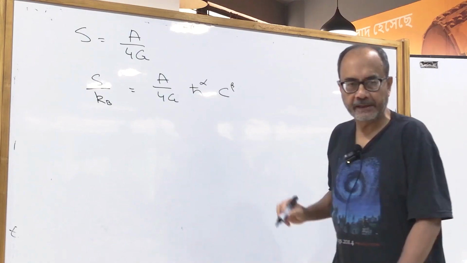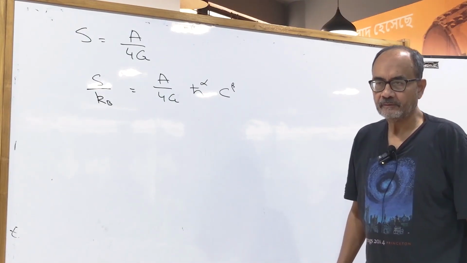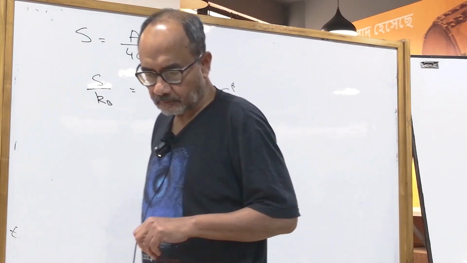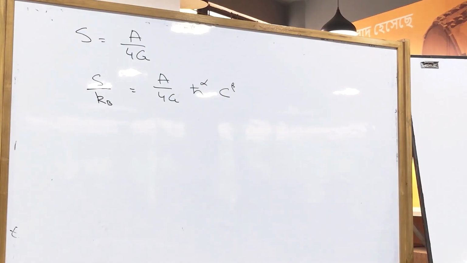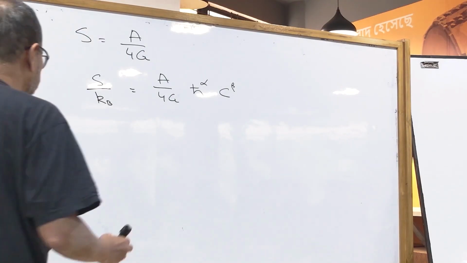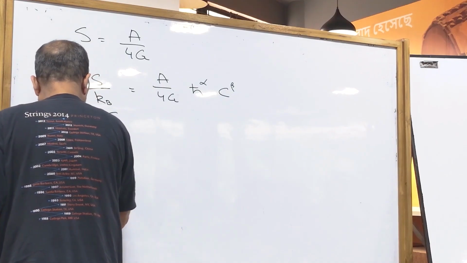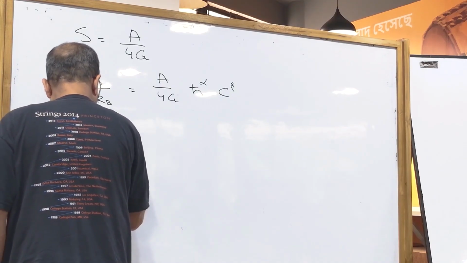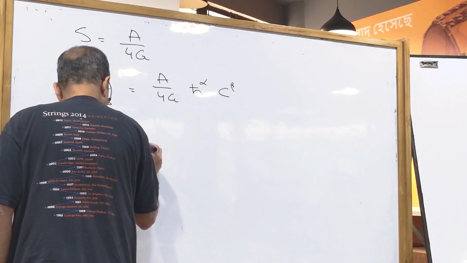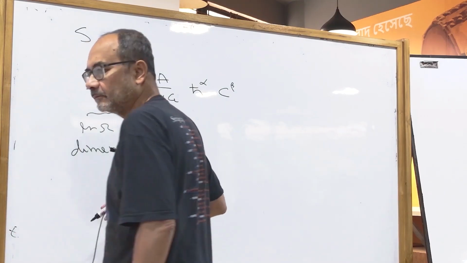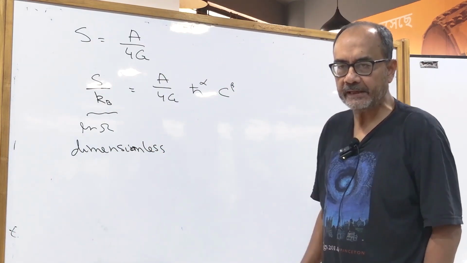You have to find alpha and beta. So, for that, let's calculate the dimension. S over KB is supposed to be log of omega, so this is dimensionless.